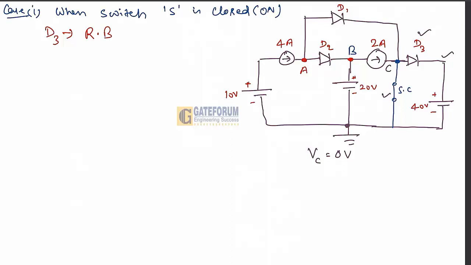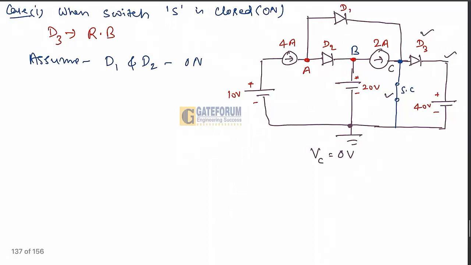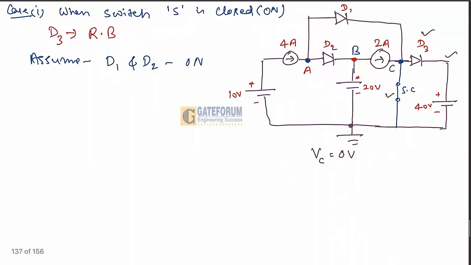Now if we are assuming that D1 and D2 are both on, it means if this node C point is 0, then at node point A this will also appear as 0, because we are assuming that D1 and D2 are both conducting.